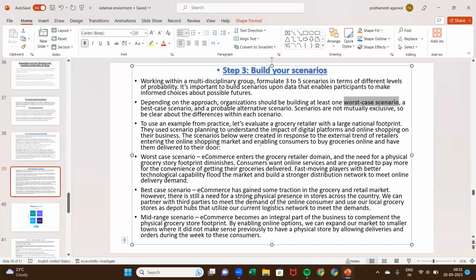E-commerce has gained some traction in the grocery and retail market. However, there is still a need for strong physical presence in the stores across the country. We can partner with third parties to meet the demand of the online consumer and use our local grocery stores as depot hubs that utilize our current logistics network to meet the demands.